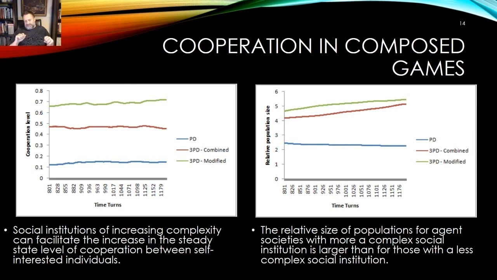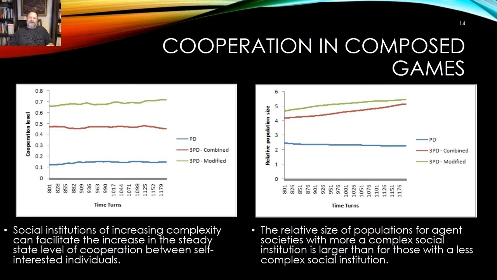Similarly, on the other side of the screen, what you see is the relative population size. So this is how many times we increase the population size compared to the initial population size as we get to the steady state simulation. And again, what you see is the same ordering. The largest relative population size is achieved for the combined and modified prisoner dilemma game with three players.